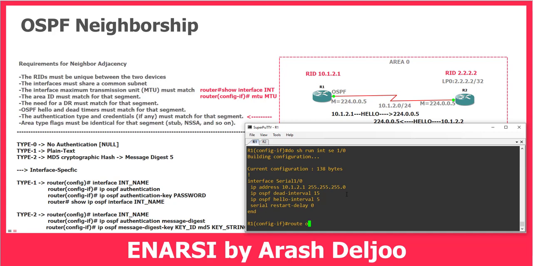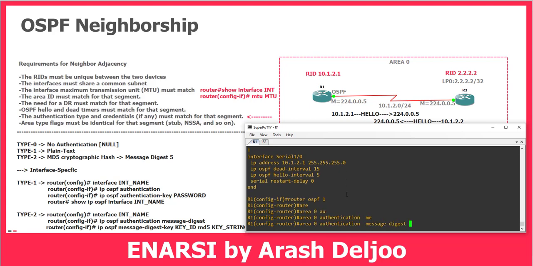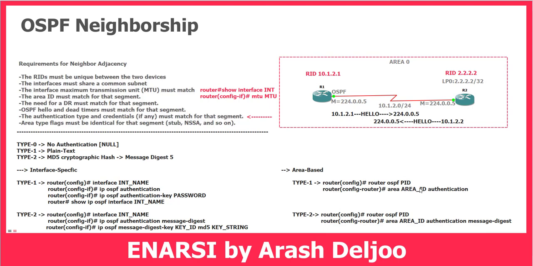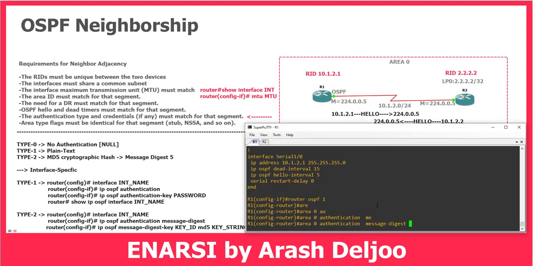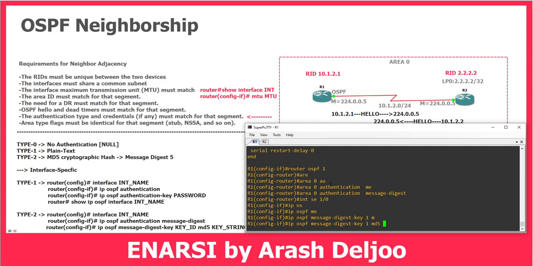In router ospf 1, you can configure area 0 authentication message-digest. That's it. Area ID, area ID authentication message-digest. You know that until now I have configured only the authentication type. Now for the authentication key, you should go again to the interface and then ip ospf, for example, message-digest-key 1 md5, then Cisco.